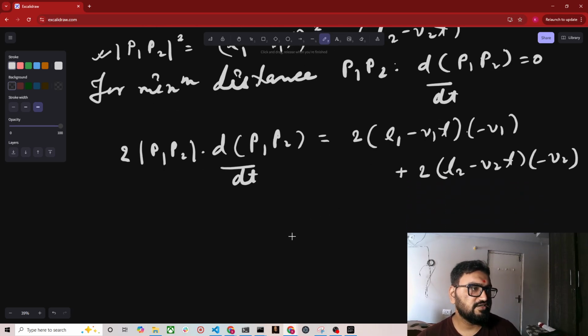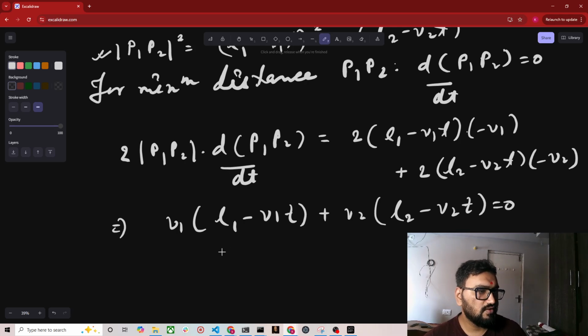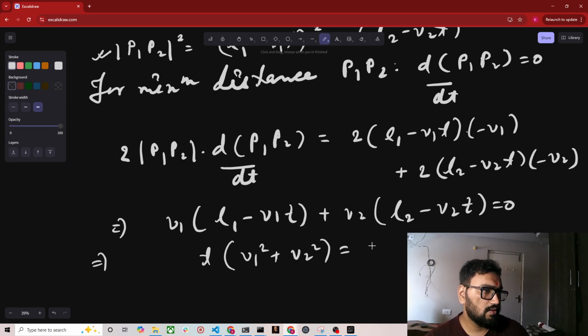For minimum distance, d(P1P2)/dt should be equal to 0, which means V1 into (L1 minus V1t) plus V2 into (L2 minus V2t) should be equal to 0, or I can write t into (V1 square plus V2 square) should be equal to V1 L1 plus V2 L2.